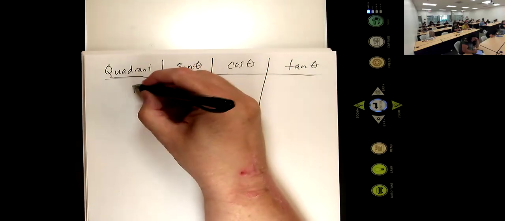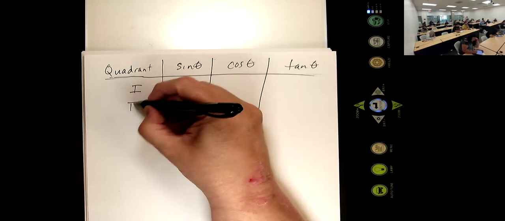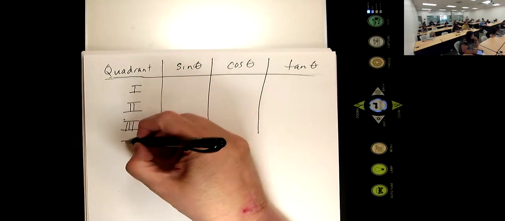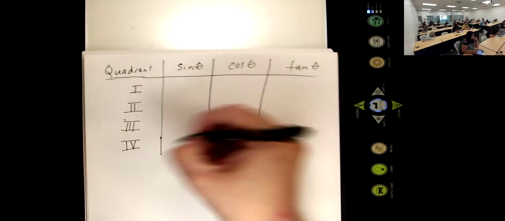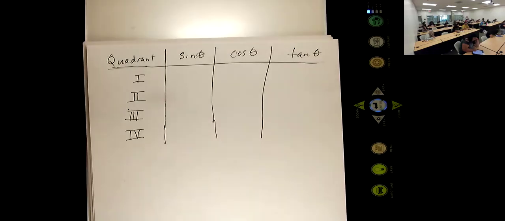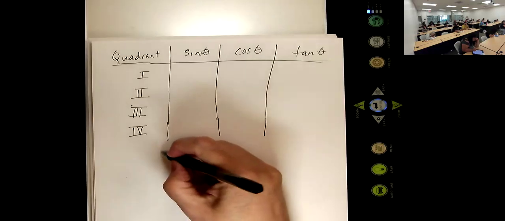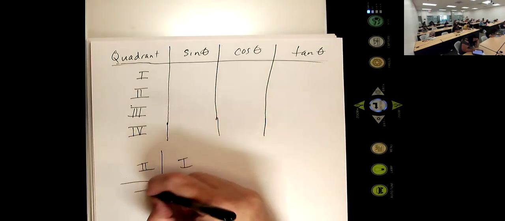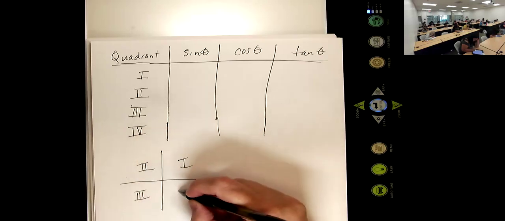It's funny because they like to use Roman numerals for the quadrants. Remember, they go counterclockwise.